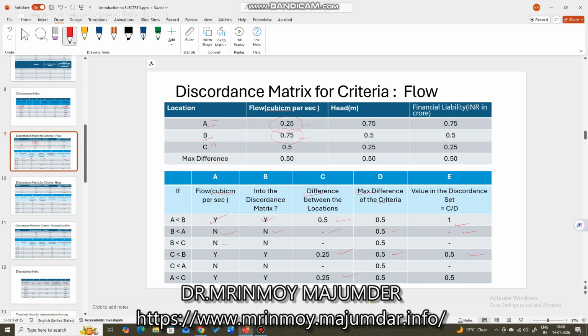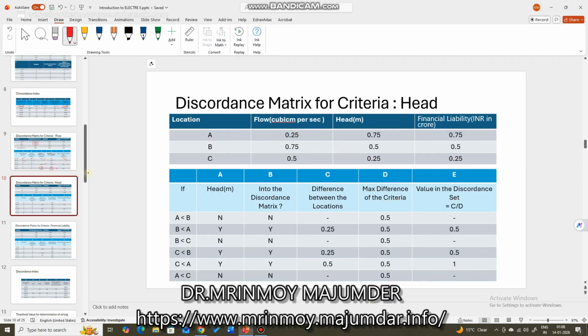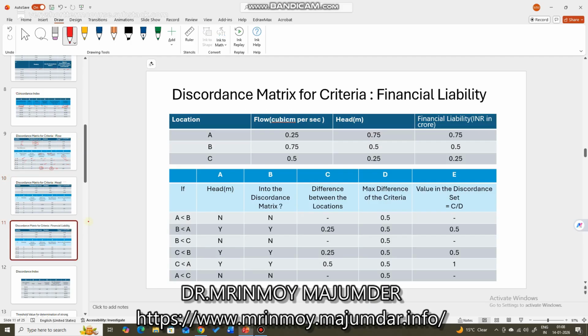Then C by D: you divide the difference between the locations by the maximum difference to get the value in the discordant set, 0.5. Clear? In the same way, for head also you have to calculate. The same for financial liability you have to calculate.